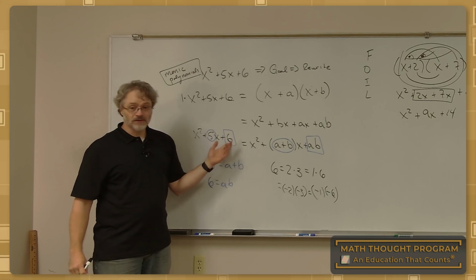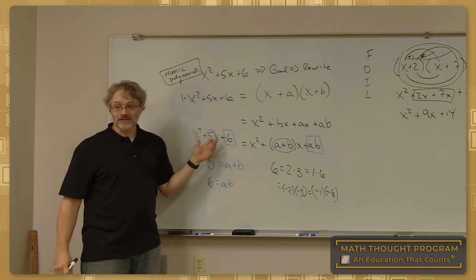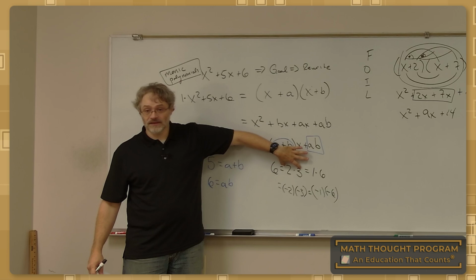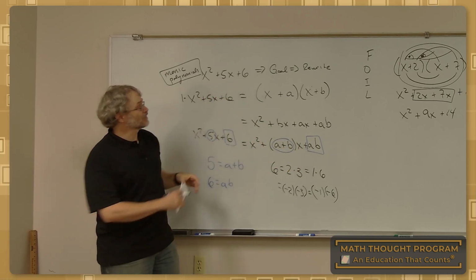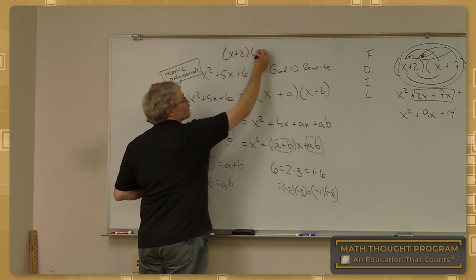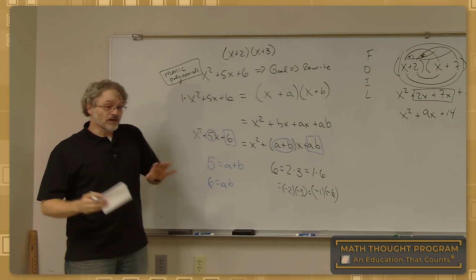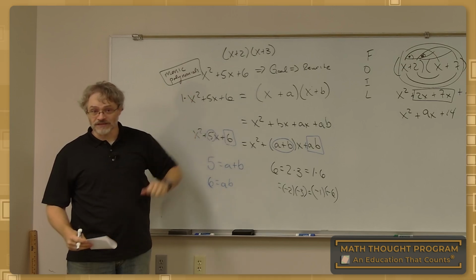So this right here gives you the numbers to work with. This right here locks it in. And I can see very quickly it's going to be a 2 and a 3 because that's what's going to sum to the value of 5. And our polynomial is factored.